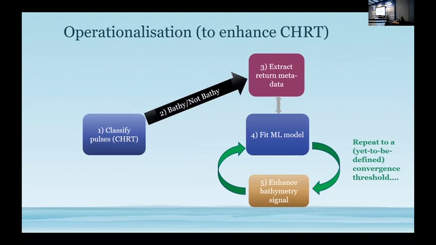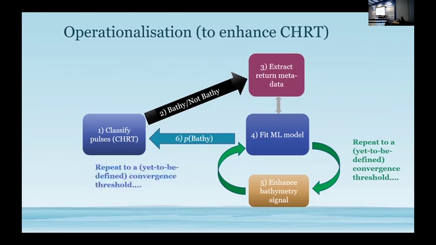Then we will send that information back over to chirp. Chirp will be rerun again, with probabilities attached to each individual pulse, and then the cycle will start again until we get to some point where we have some sort of convergence.